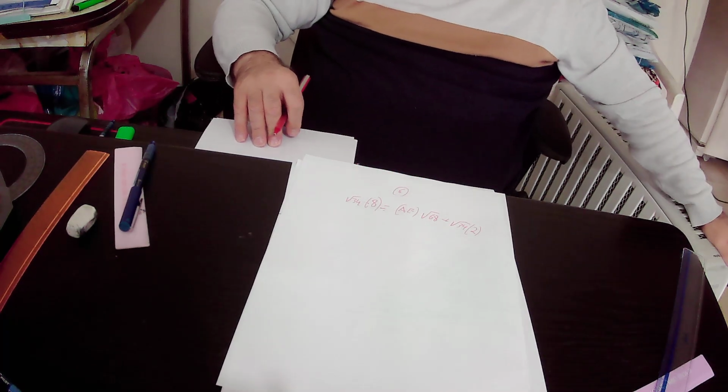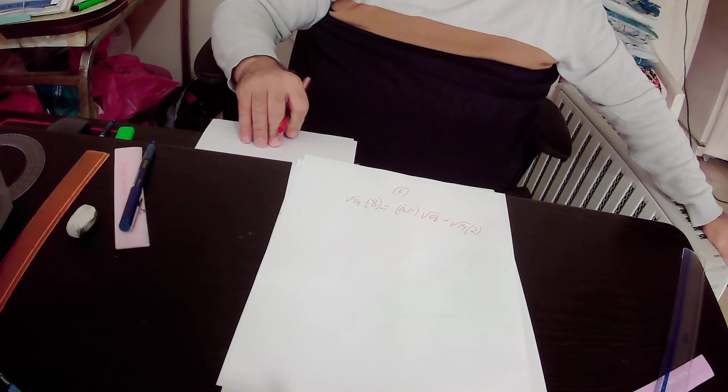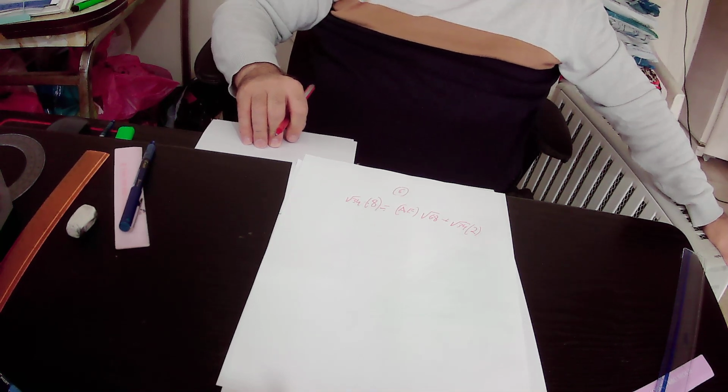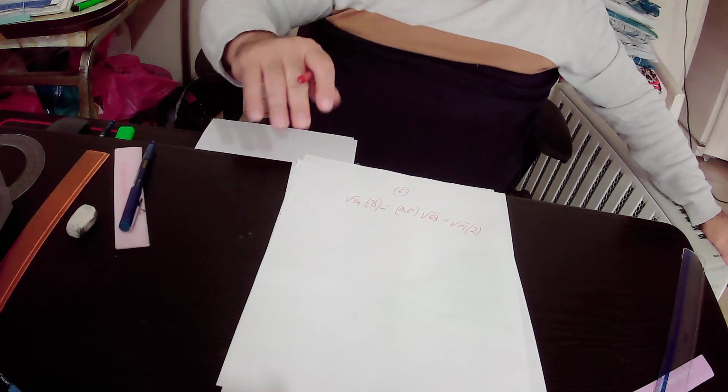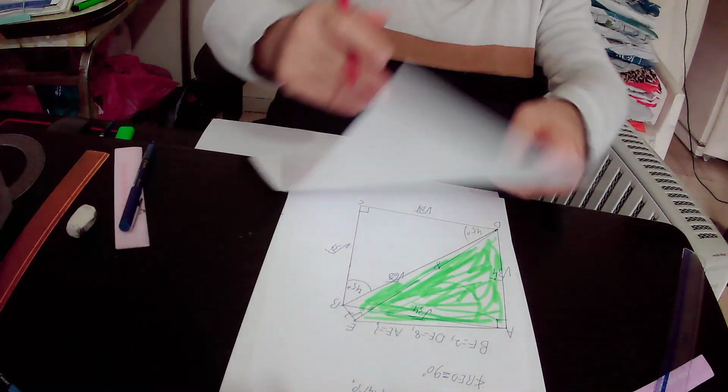So we know that 68 is 34 times 2, and so the root of 34 times 2 we can split into two roots: root 34 times root 2. So we'll do it now.